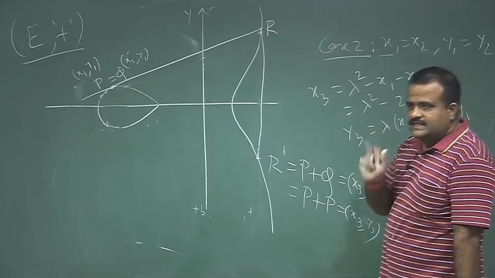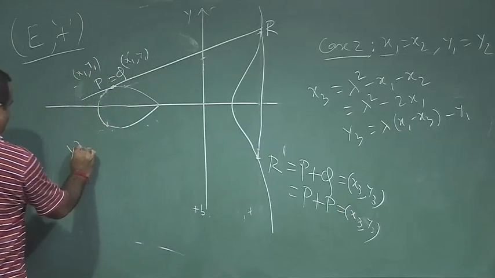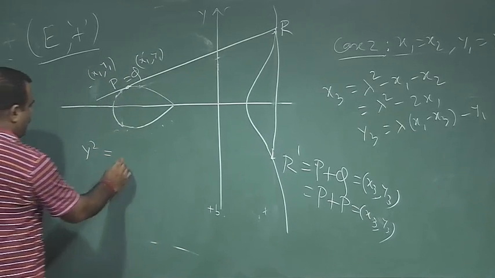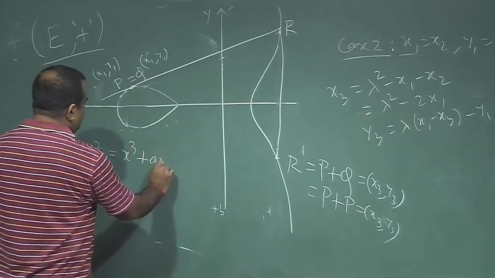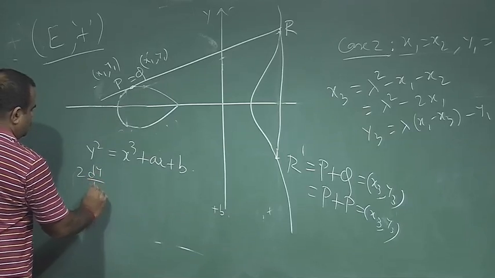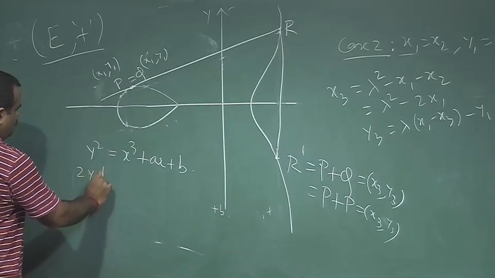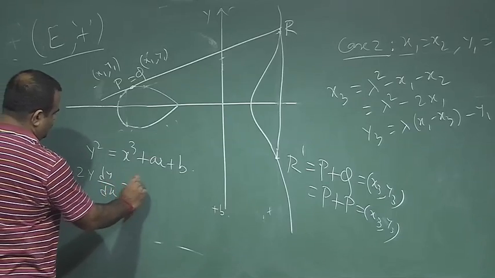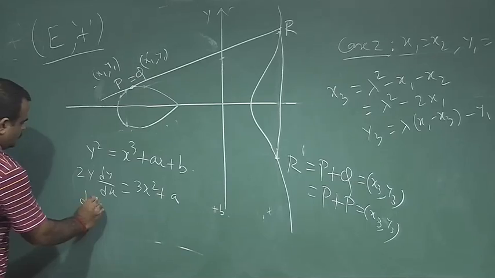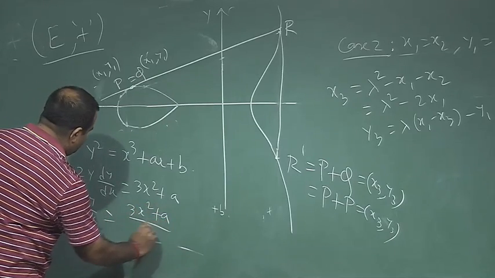So this is a tangent, so the slope will be dy/dx. The equation is y square equal to x cube plus ax plus b. So if you differentiate, 2y dy/dx is equal to 3x square plus a. So dy/dx is basically (3x square plus a) by 2y.